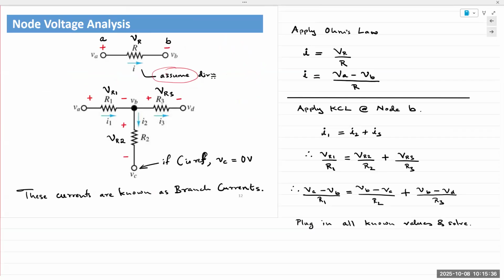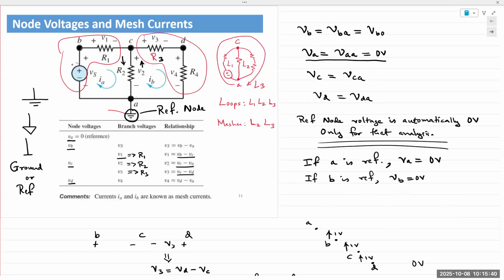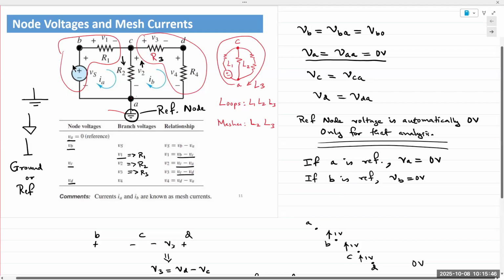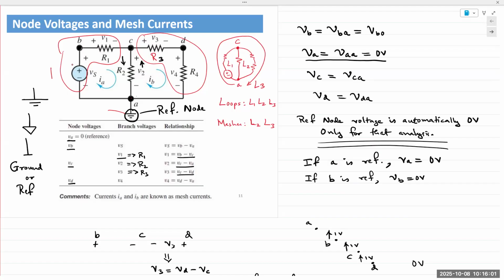If I know that the source is connected like this, which direction is the current flowing for that source? Bottom to top? Is it going up or is it flowing down? Is it going up? Anyone else? No one else? For a source, current always goes from minus to plus.